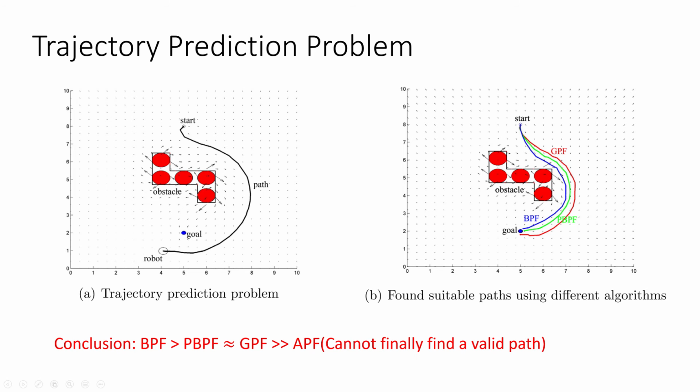In the experiment, the authors said that they could not find a valid path using the APF method. However, other methods like BPF, PBPF, and GPF are very helpful, and likewise, BPF always performs the best.